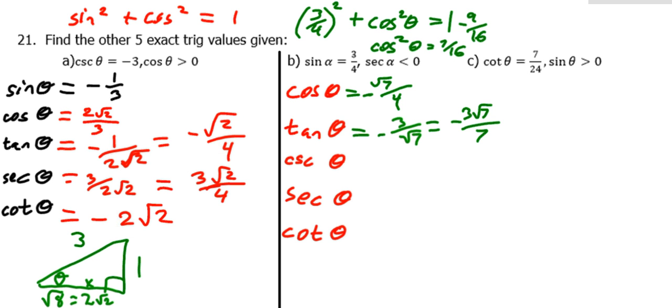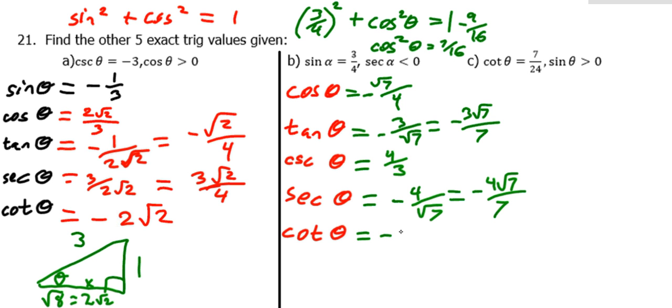Cosecant, we're going to flip sine. So that's 4/3. Secant, we're going to take the reciprocal of cosine. So that's negative 4 over the square root of 7. Rationalize it. And then cotangent will be the reciprocal of tangent. And there's all 5.